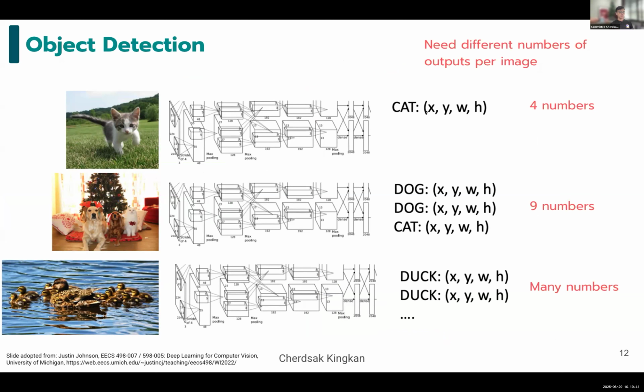Those 4 numbers are the bounding box information, that is the middle of the bounding box, and the width and height of the bounding box. And if we have, like, 3 dogs, 2 dogs and 1 cat, we need more numbers to represent the locations of these objects. But let's say that we have many dogs, and we want the model to detect each and every dog within the image. We need many numbers to represent the locations of the objects.